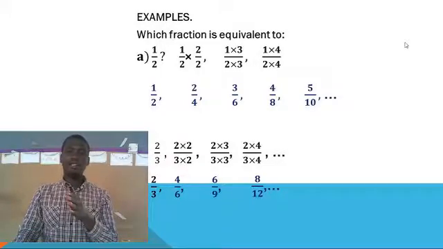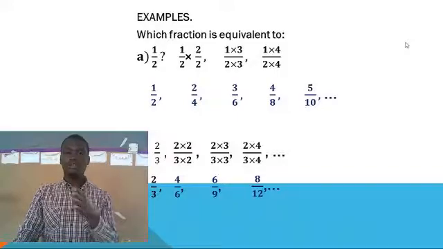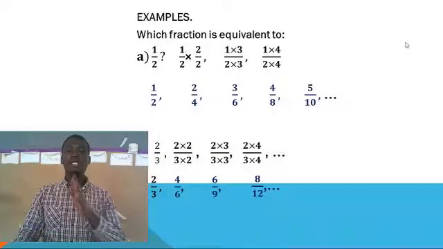For 8 out of 12, 8 by 4 we shall get 2, and 12 by 4 we shall get 3.